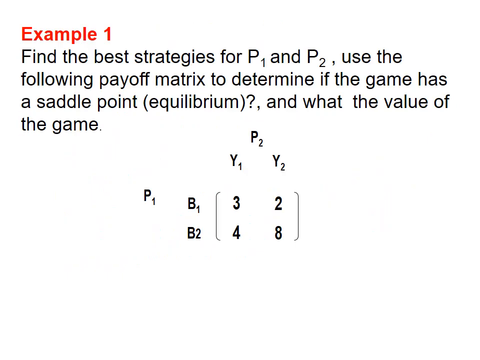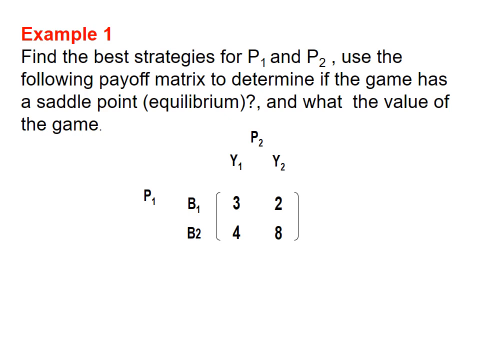Example 1. Find the best strategy for B1 and B2. Use the following payoff matrix to determine if the game has a saddle point, equilibrium, and what is the value of the game. Here we have 2 players, B1 and B2. B1 has 2 strategies, B1 and B2, and the other player has 2 strategies, Y1 and Y2.